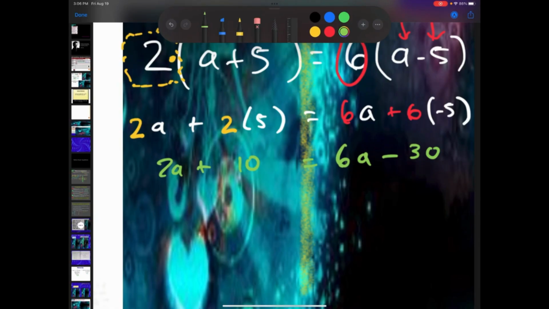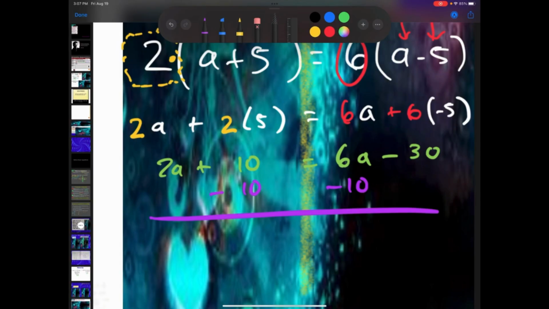Partner A, tell partner B one way we can solve this problem, and partner B, tell partner A another way we can solve it. Okay, she said put negative 10 on both sides. Sorry, I did it on purpose, Katie. It's not that you did it.